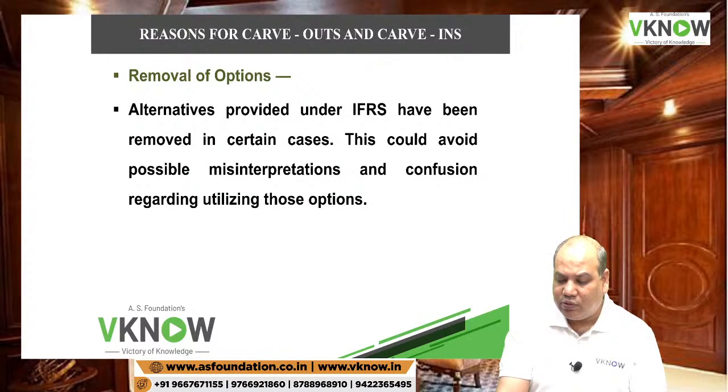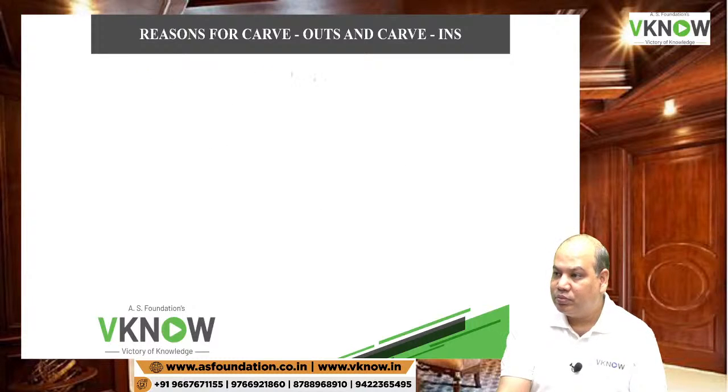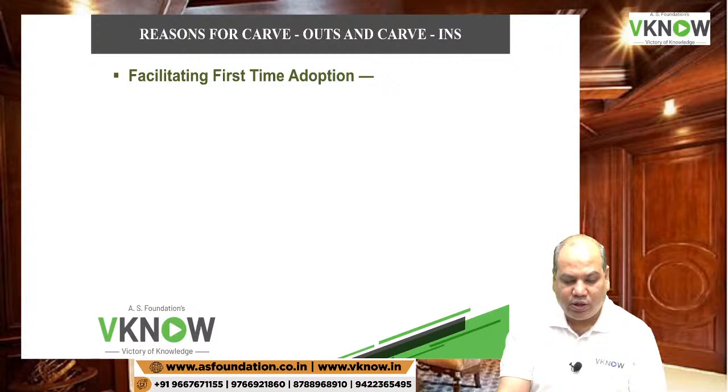Then the third is we have removed some options so that there is no misinterpretation, there is no confusion. Otherwise, if you give options to Indians, what do they do? They utilize or misutilize. Misutilize more often than utilize. No problem.